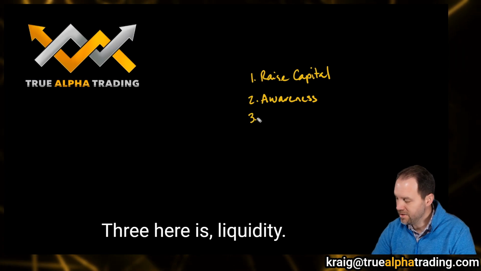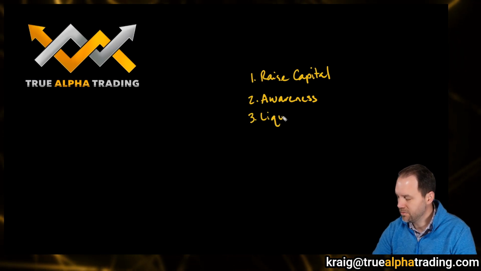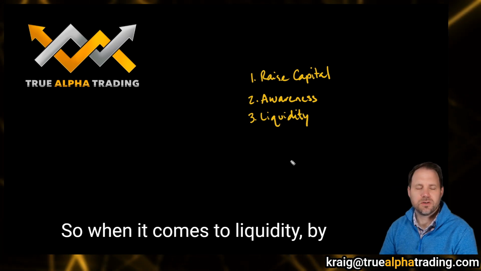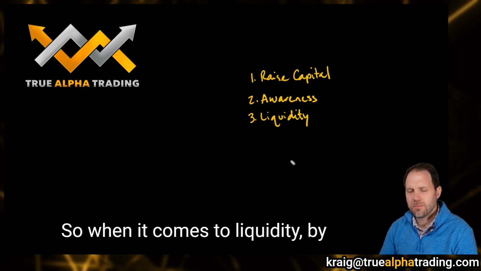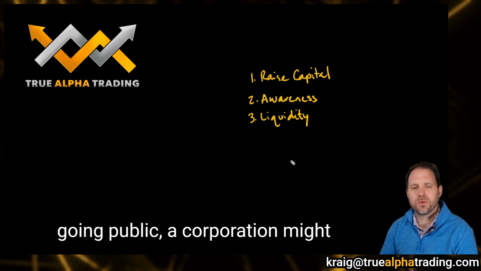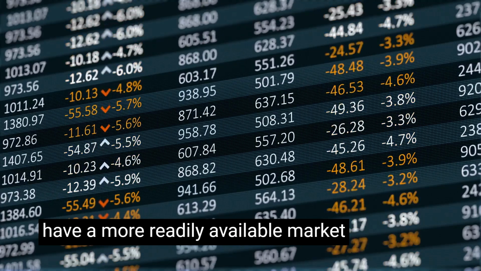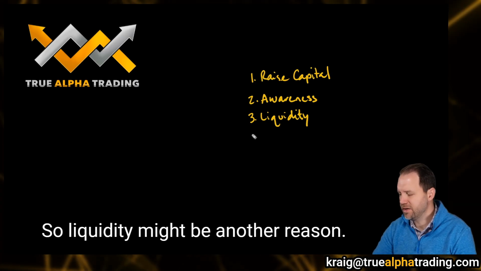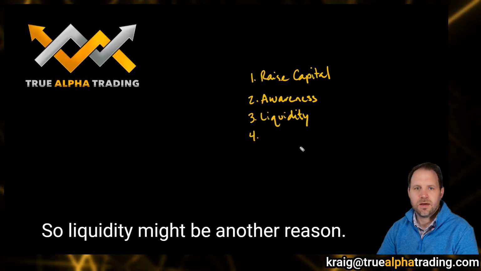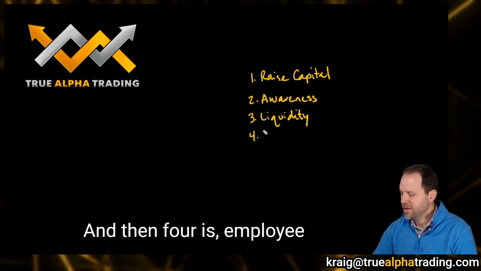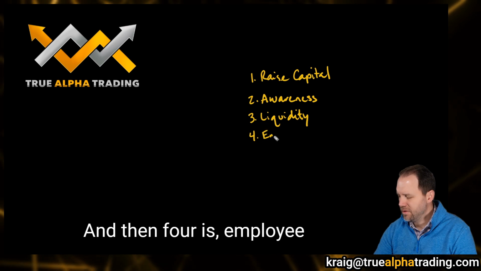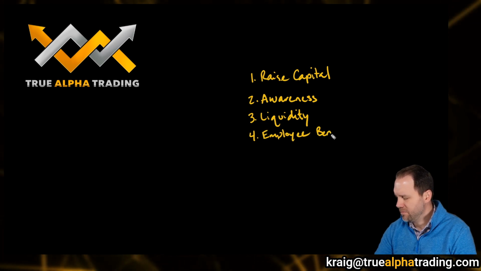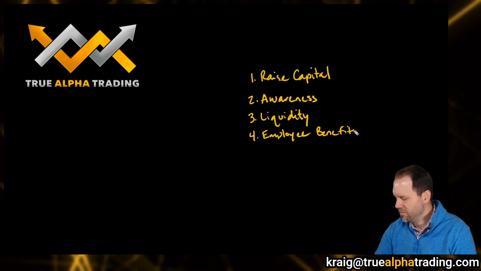Three here is liquidity. By going public, a corporation might have a more readily available market where shares can be bought or sold. So liquidity might be another reason. And then four is employee benefits.